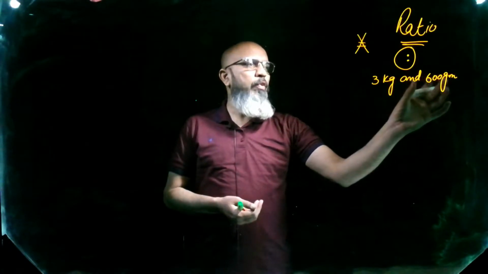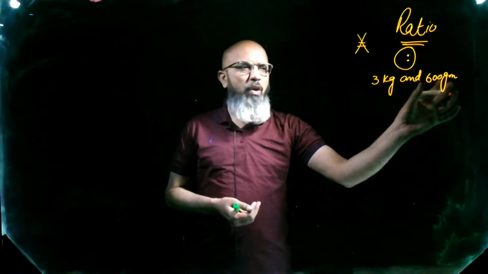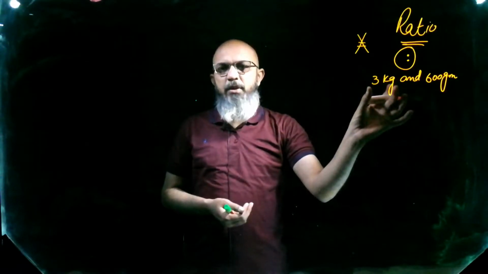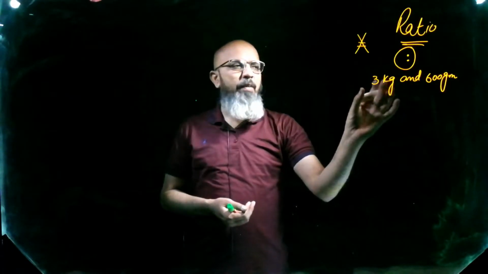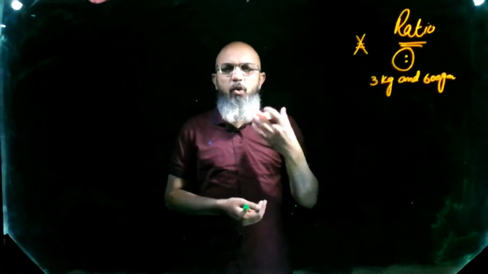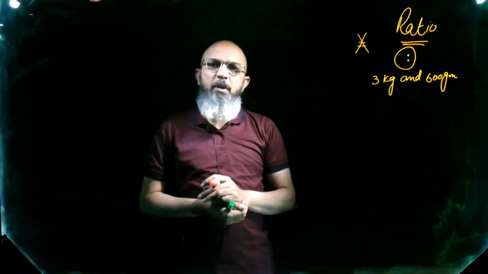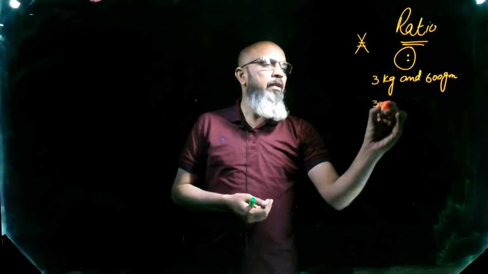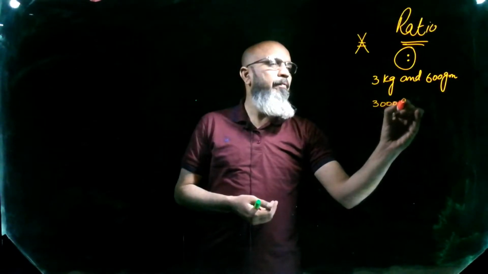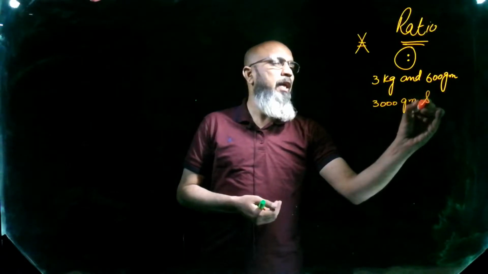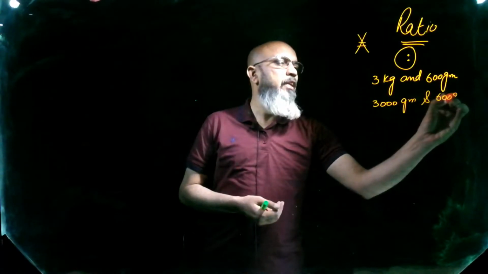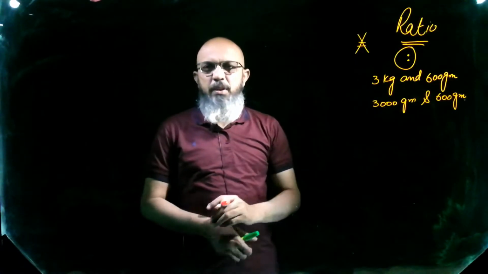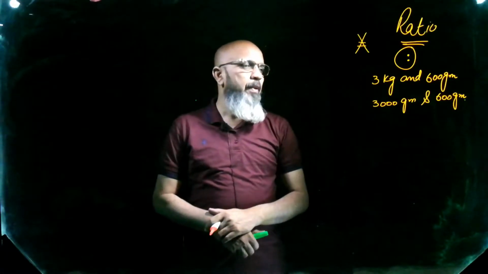Either we change this into kilograms or into grams. How many grams in 1 kg? There are 1000 grams in 1 kg. So change this into grams, it will be 3000 grams and 600 grams. Now these are two quantities of the same kind.